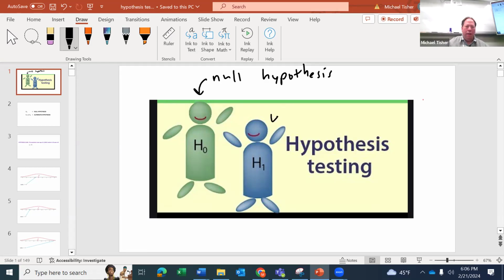And H1 is called the alternate hypothesis. Okay, now in this class, sometimes we'll see H1 as the alternate hypothesis. Other times you might see HA. So HA and H1 mean the same thing.